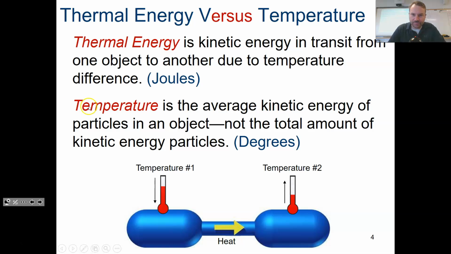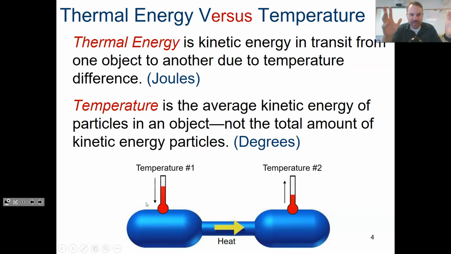Thermal energy versus temperature. Thermal energy is measured in joules, and it's how much energy is going from point A to point B in transit from one object to another, because there has to be a temperature difference. Temperature is the measure of the kinetic energy in the particles. So if something is hot, the particles are bouncing around really fast.